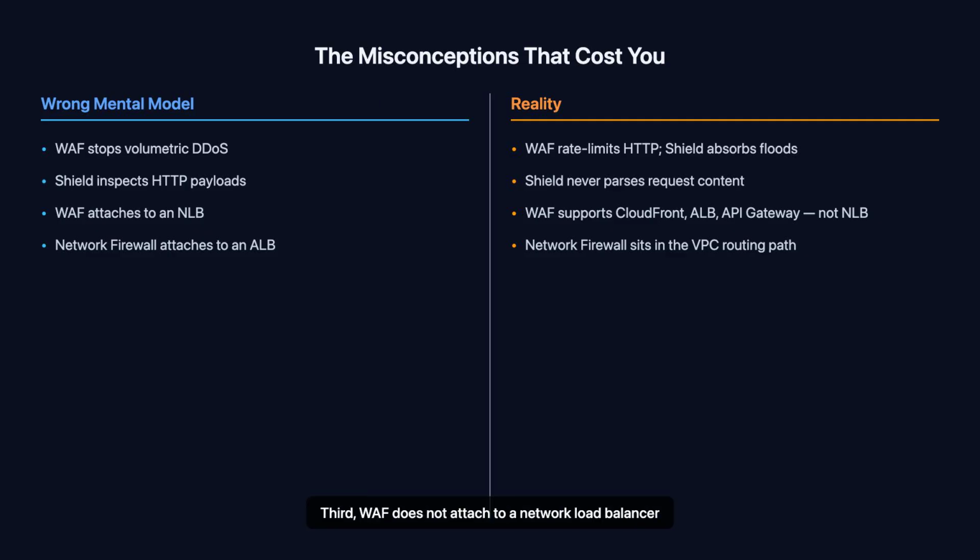Third, WAF does not attach to a Network Load Balancer. It supports CloudFront, Application Load Balancers, and API Gateway. And fourth, Network Firewall does not attach to a load balancer either. It sits in the VPC routing path. Get these 4 straight, and the distractors stop working on you.